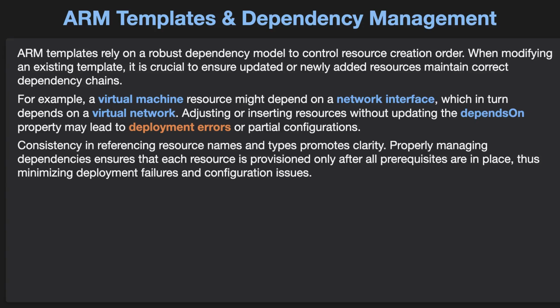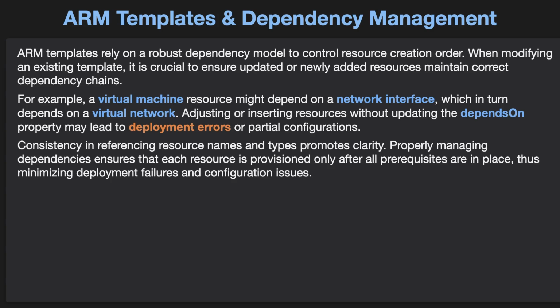ARM templates rely on a robust dependency model to control resource creation order. When modifying an existing template, it is crucial to ensure updated or newly added resources maintain correct dependency chains. For example, a virtual machine resource might depend on a network interface, which in turn depends on a virtual network. Adjusting or inserting resources without updating the depends on property may lead to deployment errors or partial configurations.